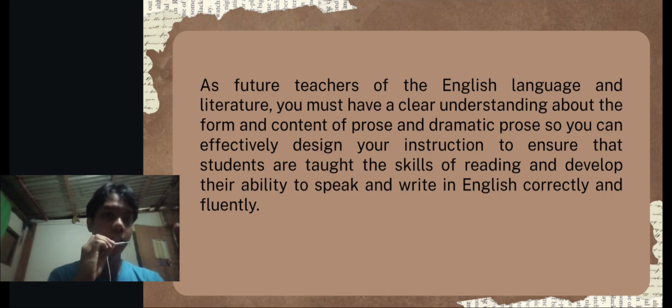We also need to know two things: what prose looks like and means, and how to teach it. Only then can you make lessons that actually improve students' reading, speaking, and writing skills.